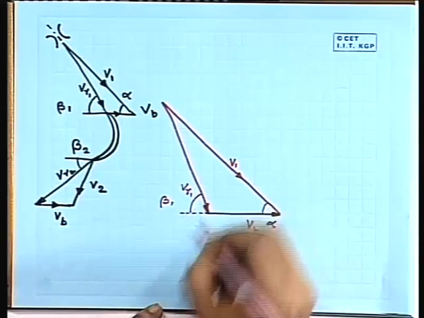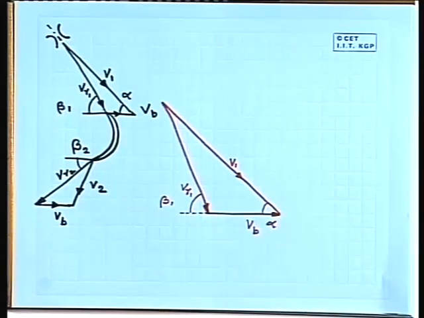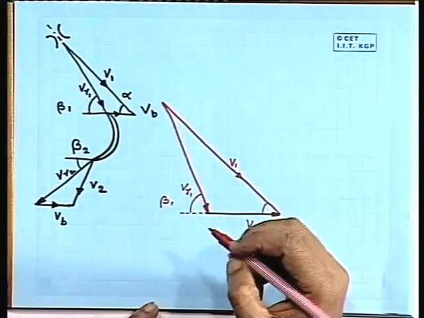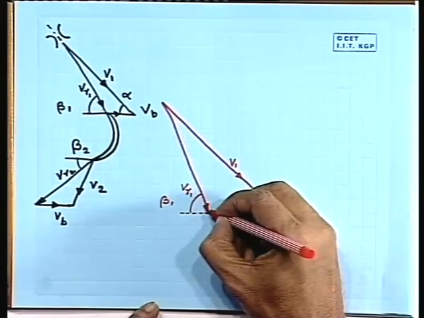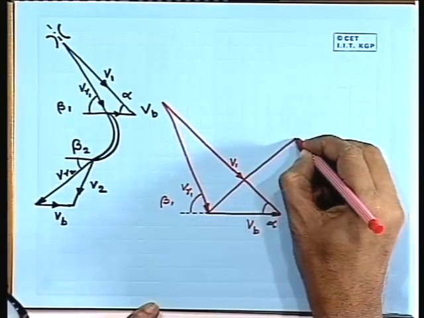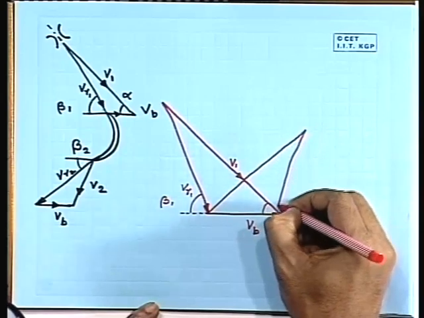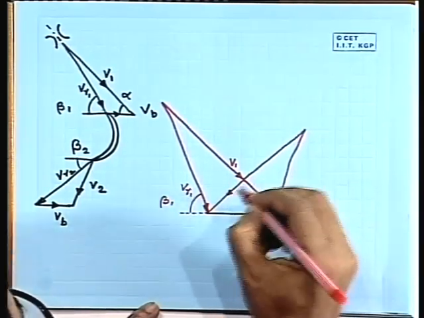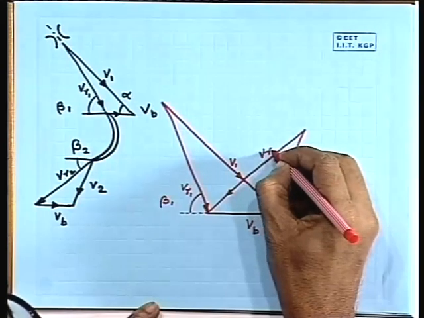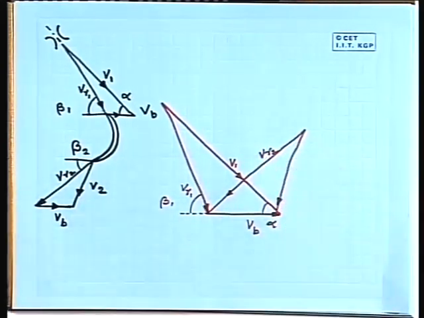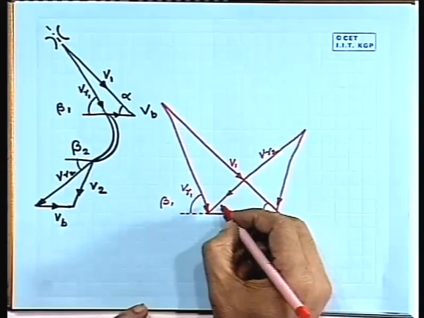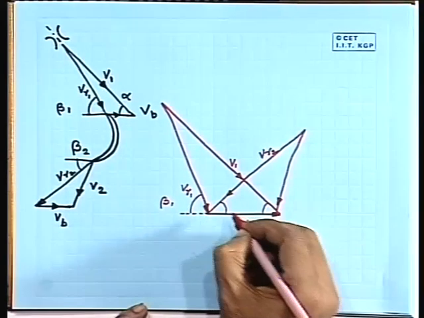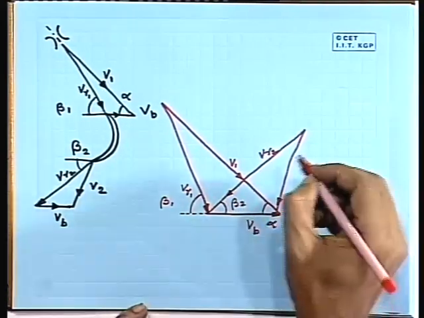Then we can draw the other velocity triangle, that means the exit velocity triangle. So, we will have something like this. This is Vr2, the relative velocity at the exit. This angle is beta 2.